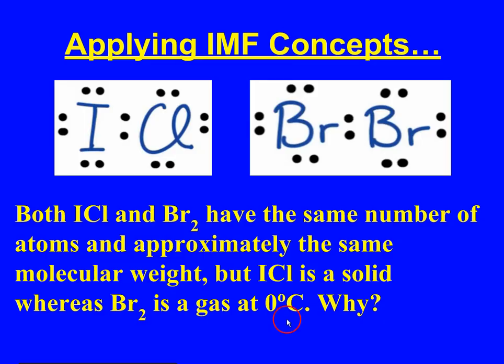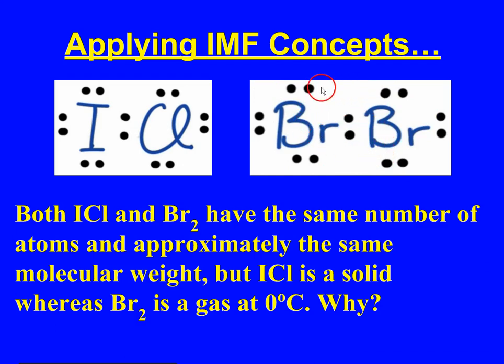For this one, these both have the same number of atoms and about the same molecular weight. But here's the deal. This one is a solid at room temperature, and this one is a gas at room temperature. Why is that? Well, this one is going to have dipole-dipole attractions. This one is nonpolar, so it's going to have London dispersion.